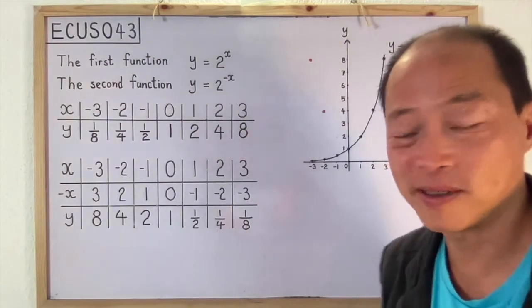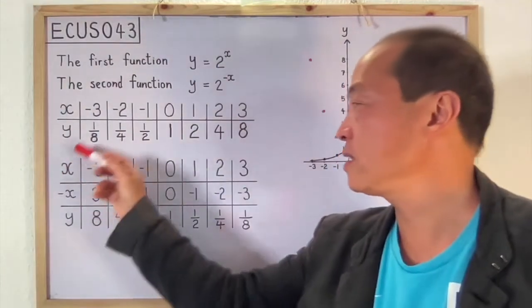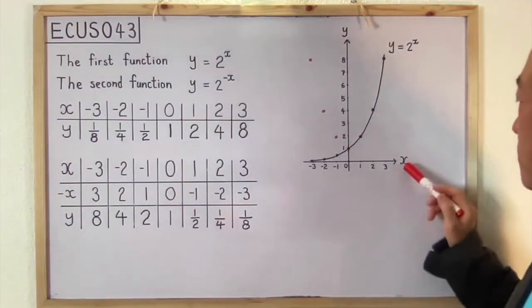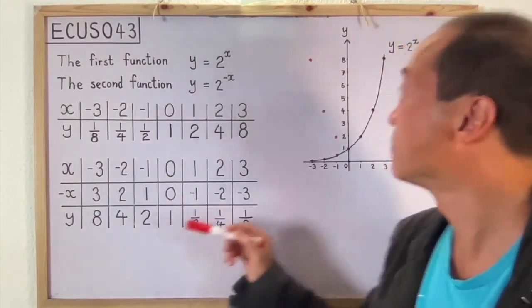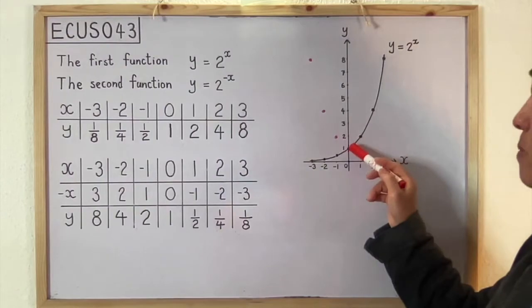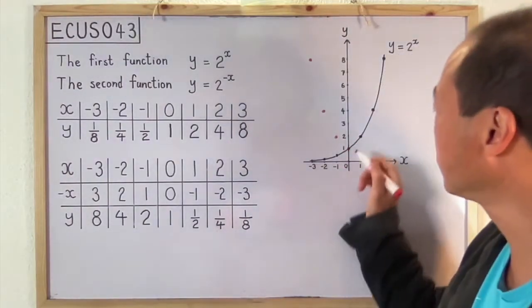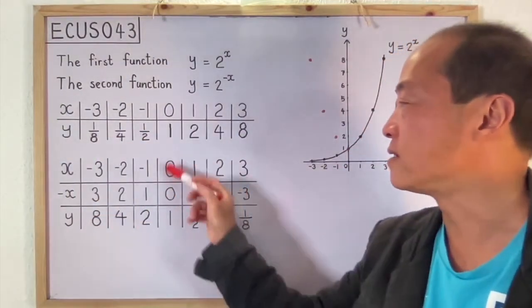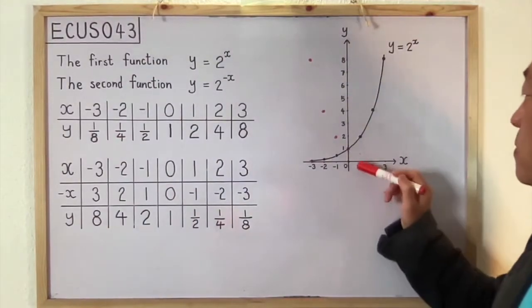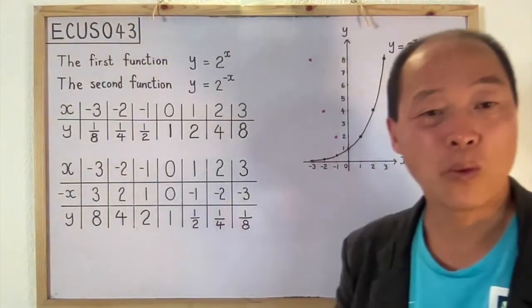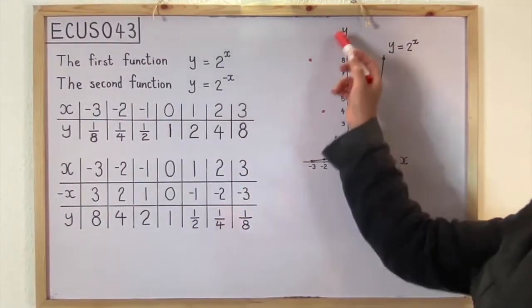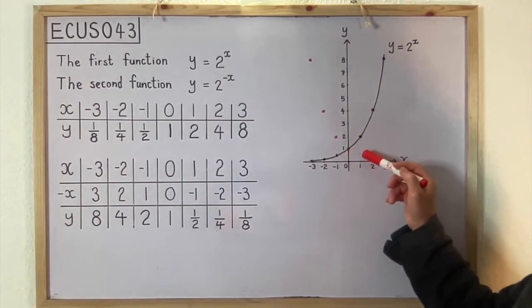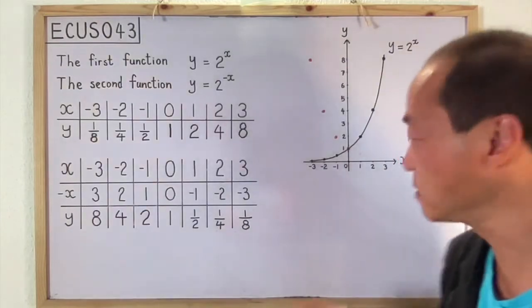We have this point. When x is 0, y is 1. We have this point. When x is 1, y is 1 over 2. We have this point.